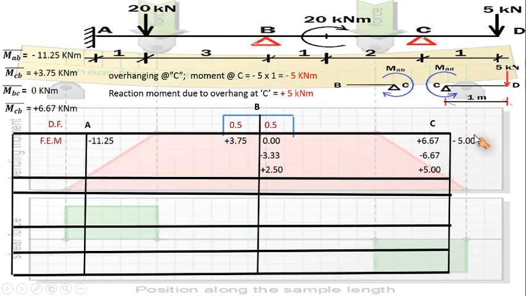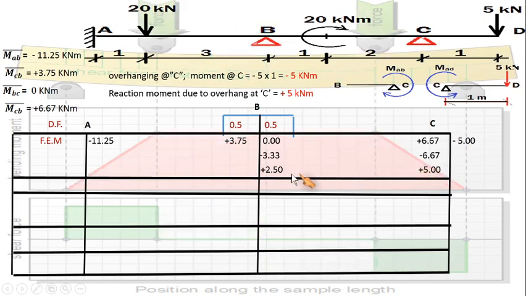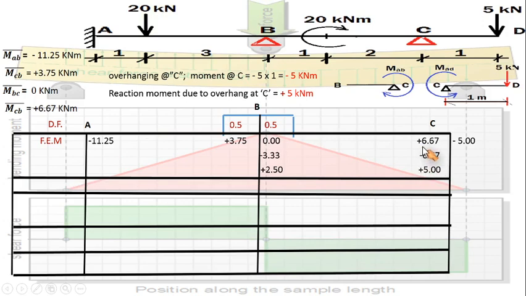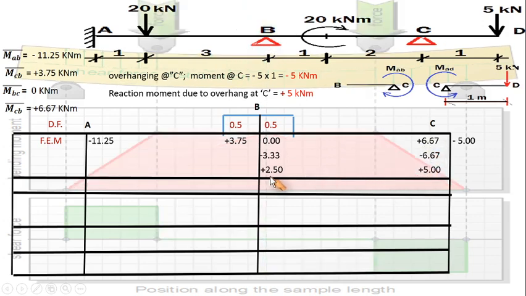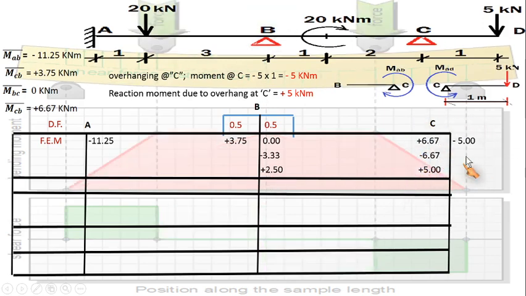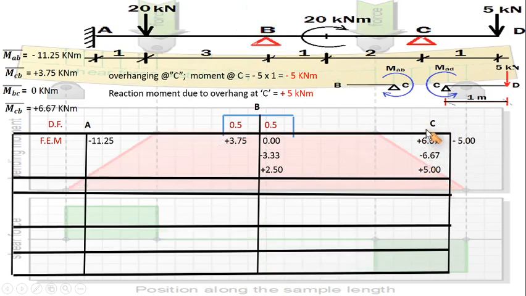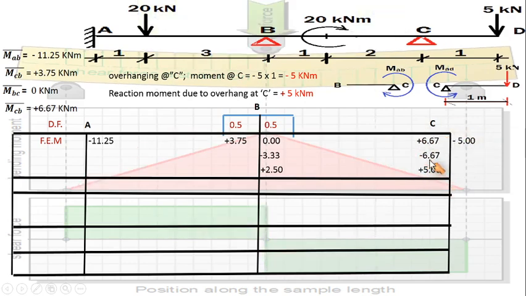Is it okay? So as we have added a plus 5, the same treatment is to be done as we had for the earlier moment, that is, half of this is to be transferred to the far end. Is it okay? So if you focus on this now, the total resultant moment about this point is equal to 0 along with the effect of the overhang.